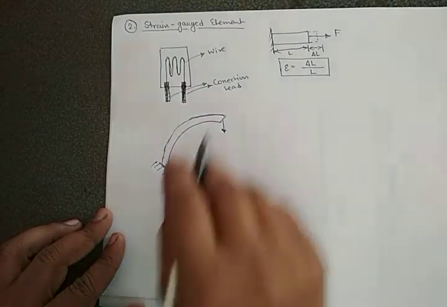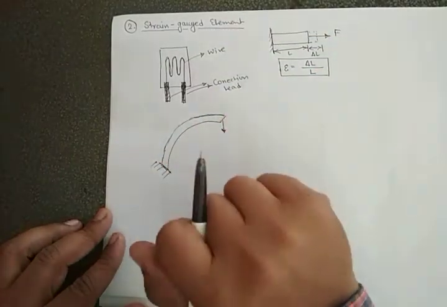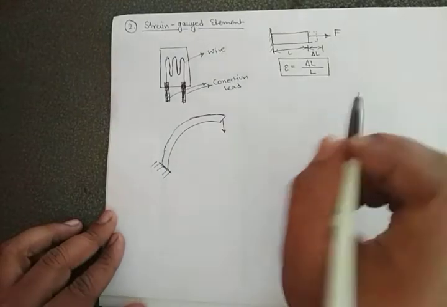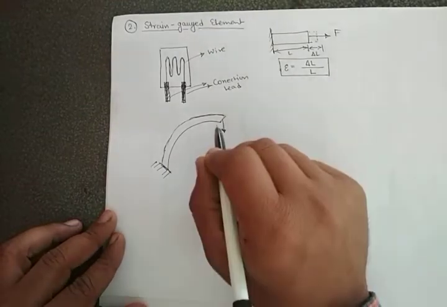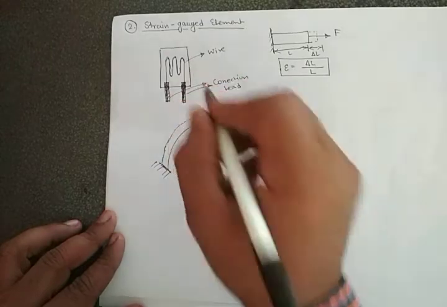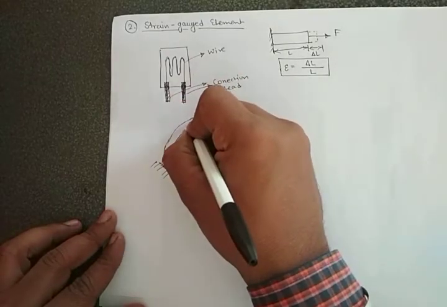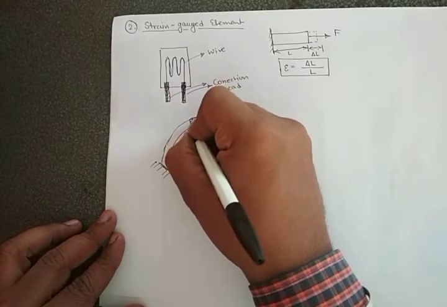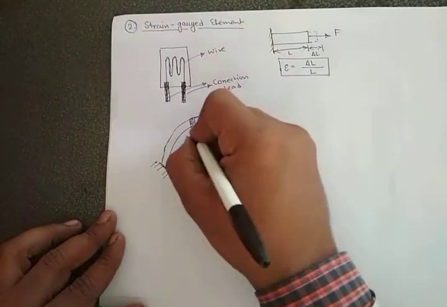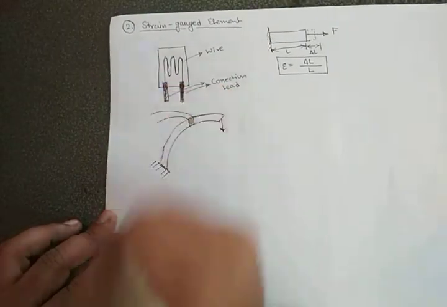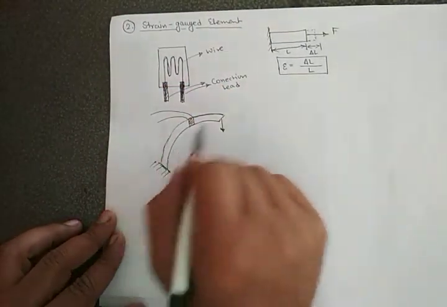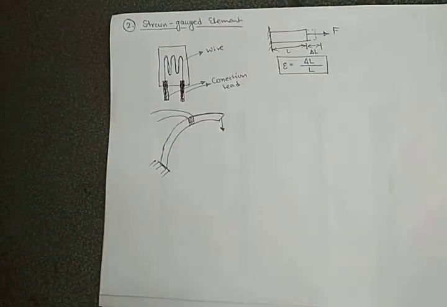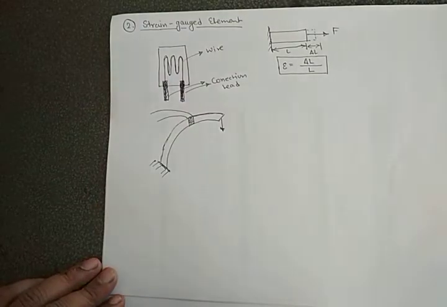No. By calculation we cannot find that strain. So such objects are connected with strain gauges. Over here we can put a strain gauge and give the connection to that, and from this we can measure the strain created on that element.